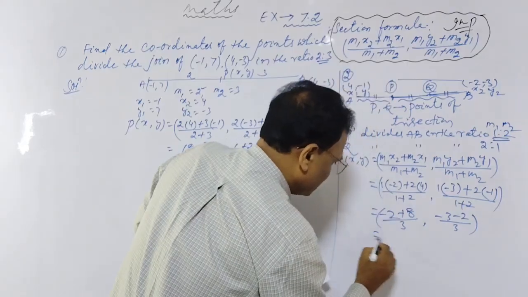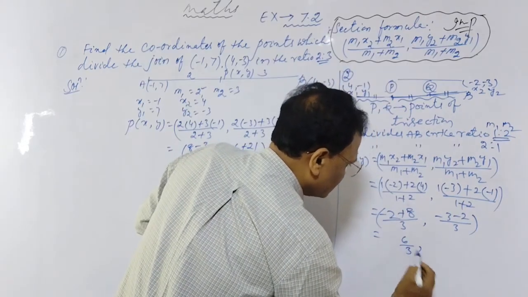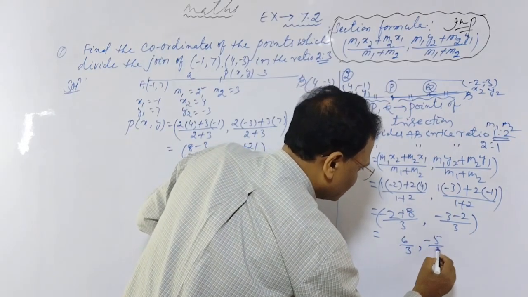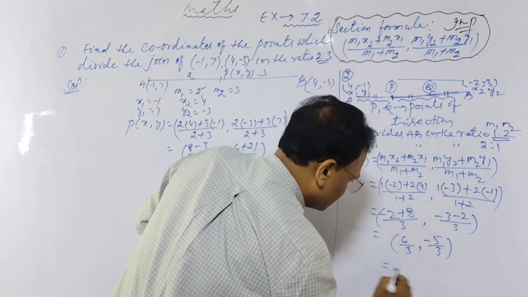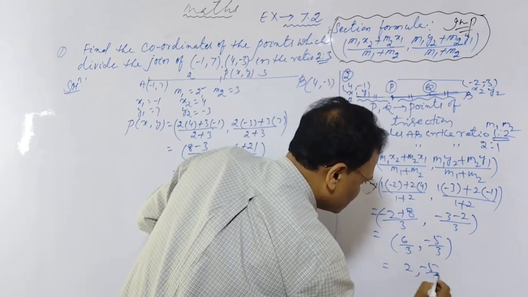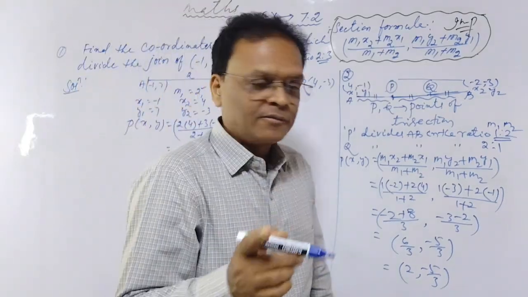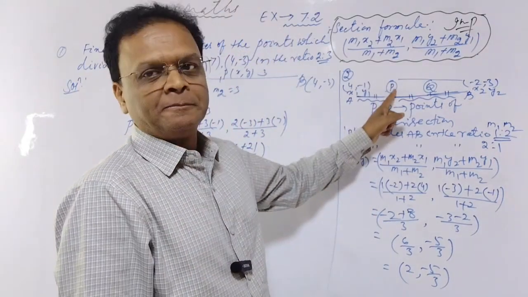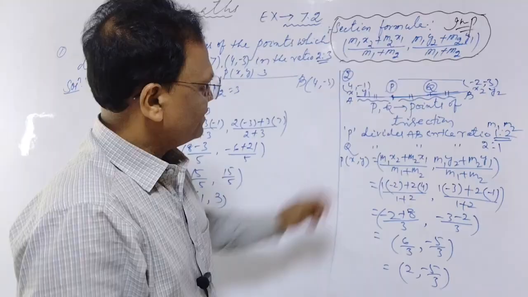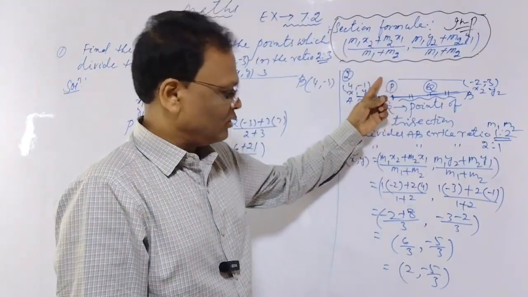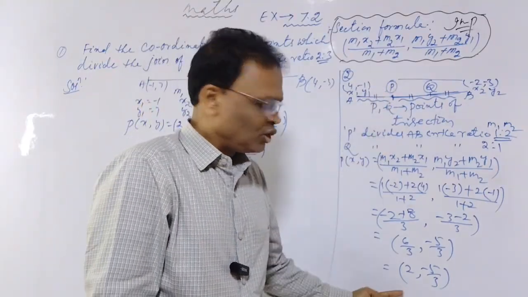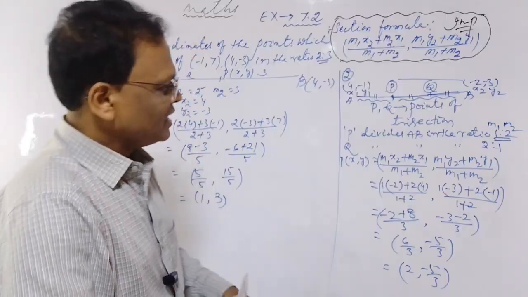So what exactly am I getting? 8 minus 2 is 6, 6 by 3, and minus 5 by 3. Still I can divide. This becomes 2 comma minus 5 by 3. Now I got the coordinates of the first point P. What are the coordinates of the point P? 2 comma minus 5 by 3.